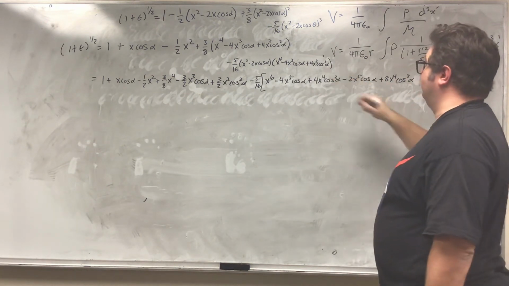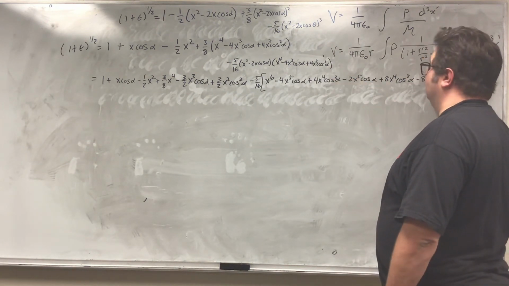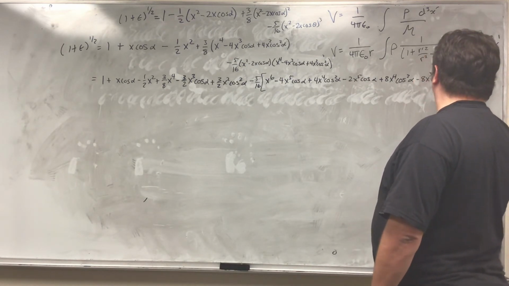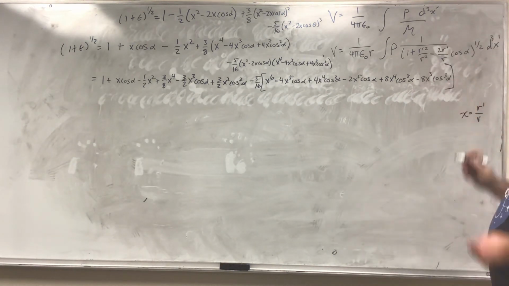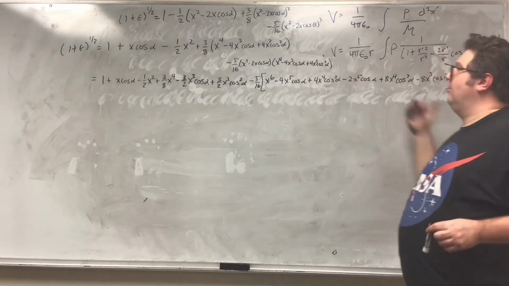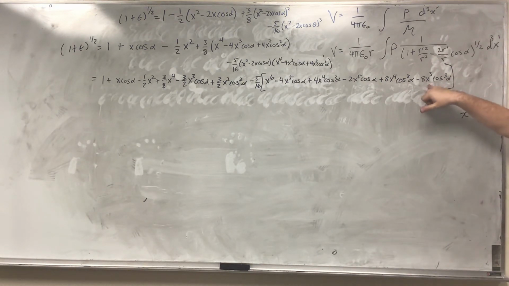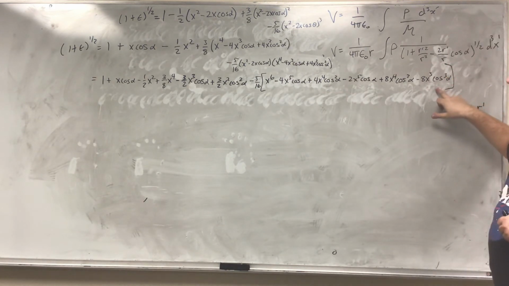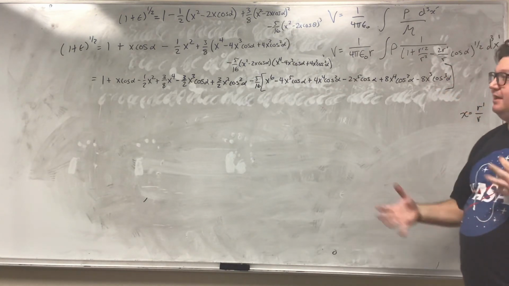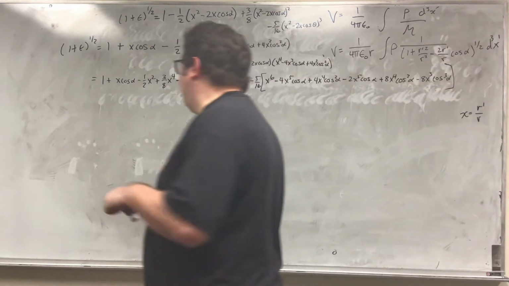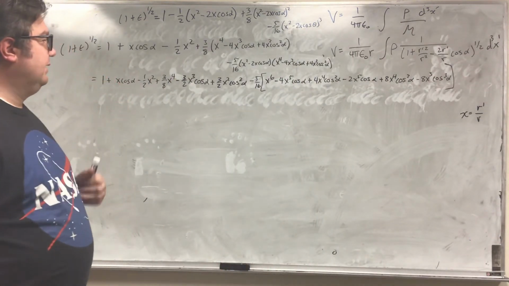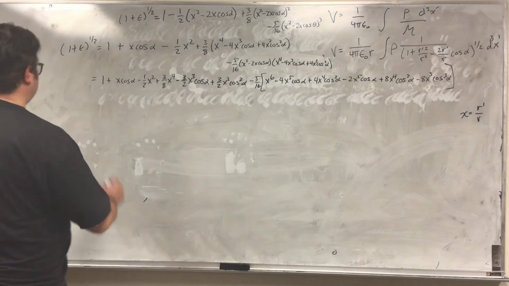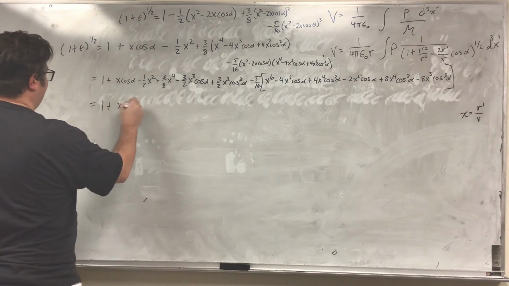Now, the last term is minus 8x cubed cosine cubed alpha. And now you can see something interesting happening: as I go to higher and higher orders, the lowest term is x cubed here. So in my third term, the lowest power of x is cubed, right? That gives a way of keeping track of some of these quantities. All right, so let's distribute through again and see if we can clean this up even more. 1 plus x cosine alpha.